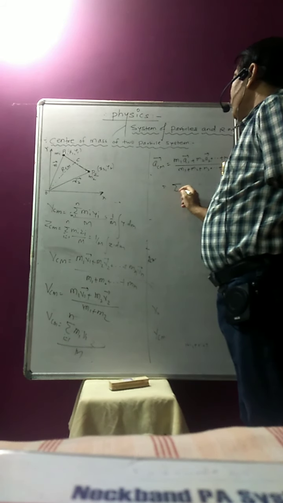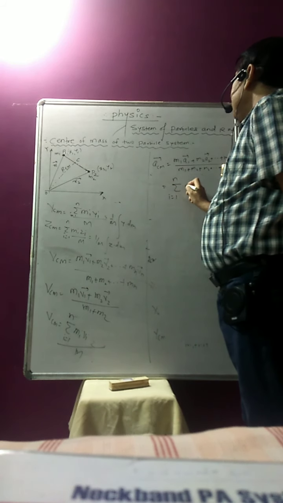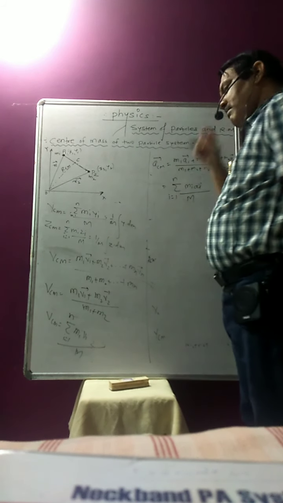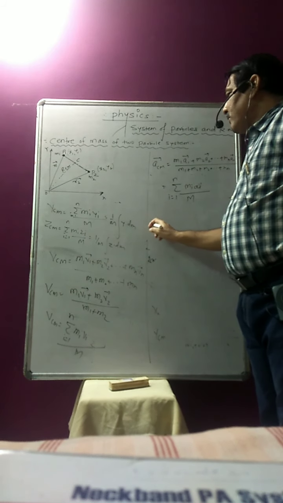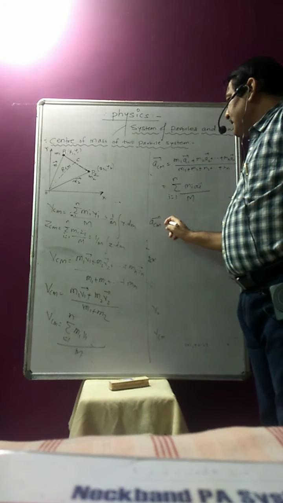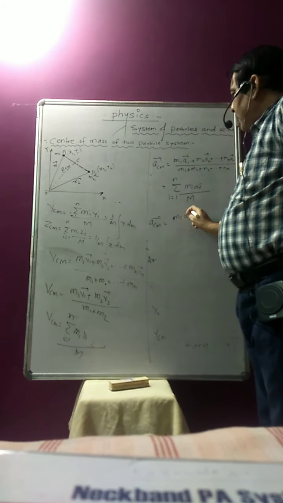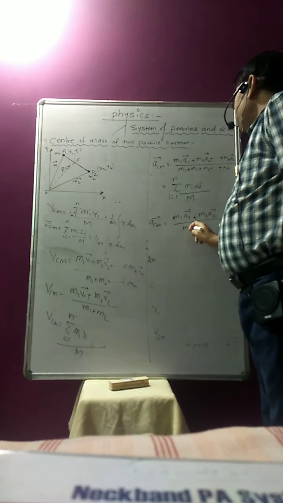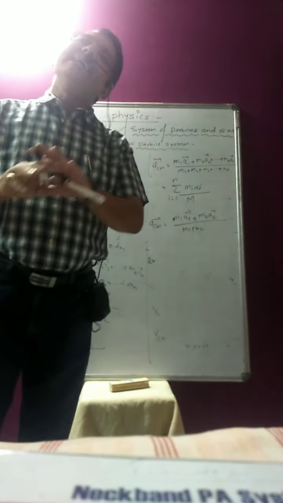This formula can also be written as summation of i varies from 1 to n mi ai upon the total mass of the system. And for a two particle system, that formula would be m1 a1 bar plus m2 a2 bar upon m1 plus m2. Okay, so this is how the velocity and acceleration vectors of the center of mass can be calculated.